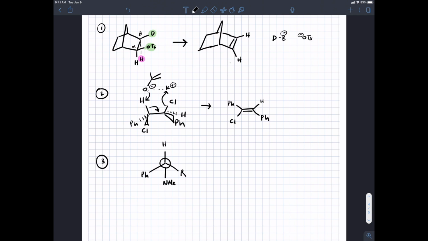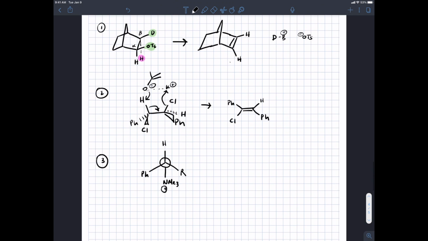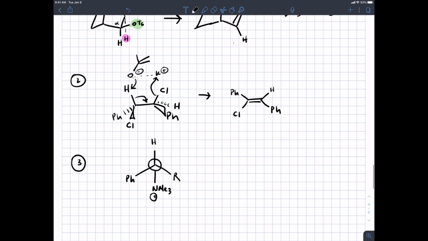And let's just suppose, for steric reasons, that your leaving group is ginormous. It's a tetraalkyl ammonium. And let's suppose that you have deuterium here and proton there.